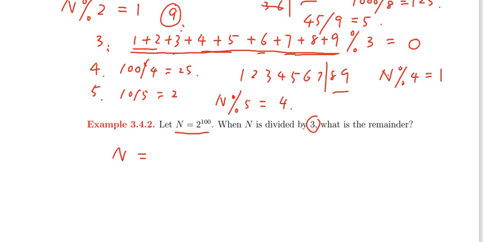At first this is equal to 450. 4 can be written as 3 plus 1. So we just check the last digits like this, and the remainder is 1.